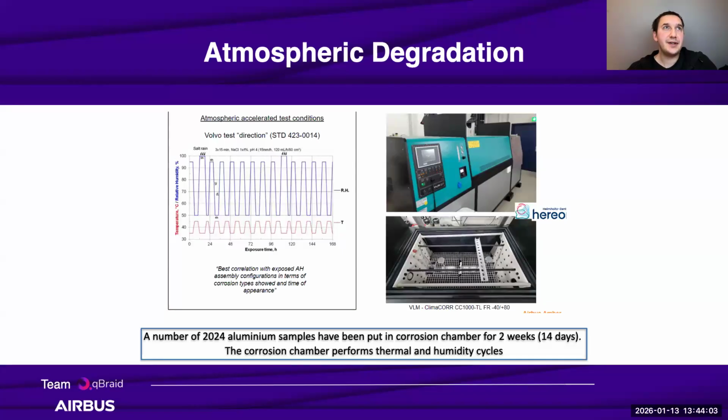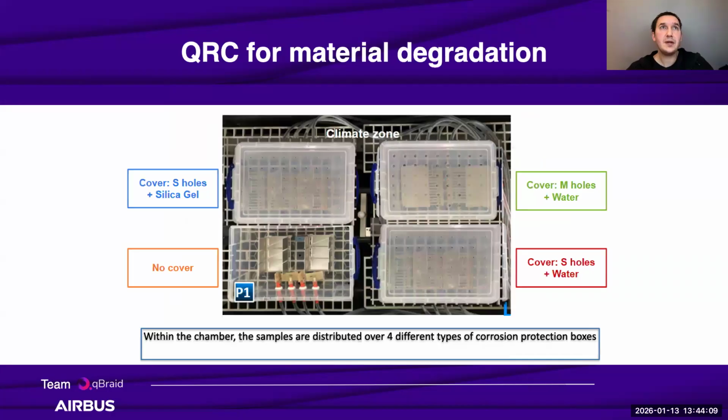And you can see that they cycle, simulating a day to night process. So there's 4 different boxes. They have different gels on top, or they're in water, or their holes are covered, and these have different evolutions of the degradation process that is accelerated in this case.